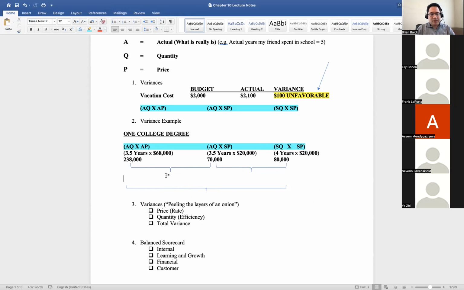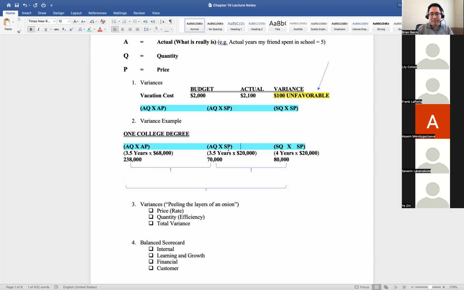Okay, so let's see. This first term and the second term, right? Look at the formula. You see AQ is common to both places. What's different is the price. In the first part here, this first block of numbers, you have actual price.